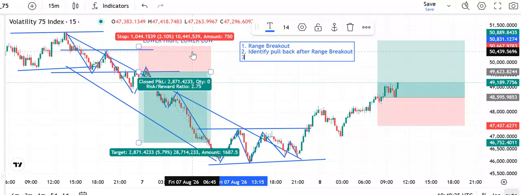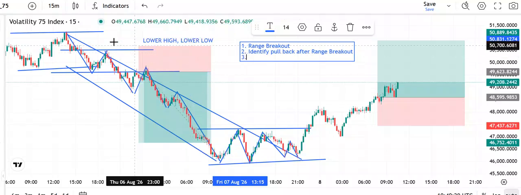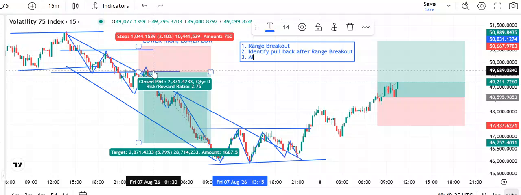And then the third step is, now you identify this pullback after the range breakout. Third step is allow break of structure.